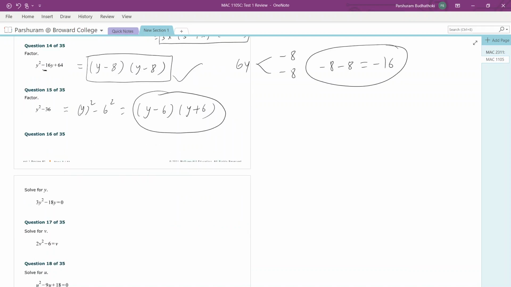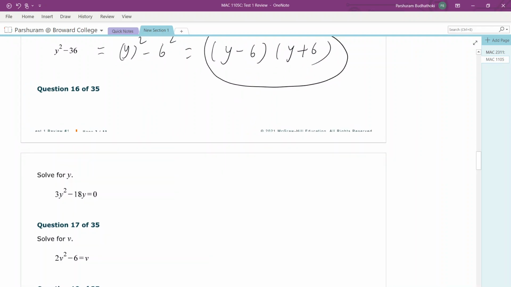We have to solve the quadratic equation. On the left side it's quadratic, and on the right side there is a 0. So we can just find the factors on the left side, which is 3y times (y minus 6) equals 0. And now I can use the zero product property.